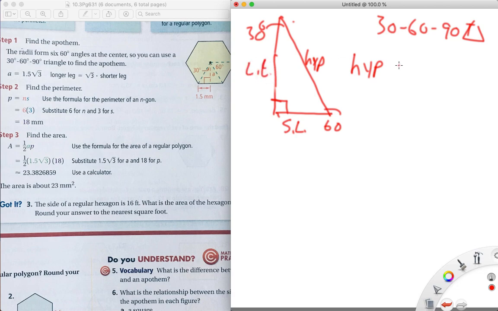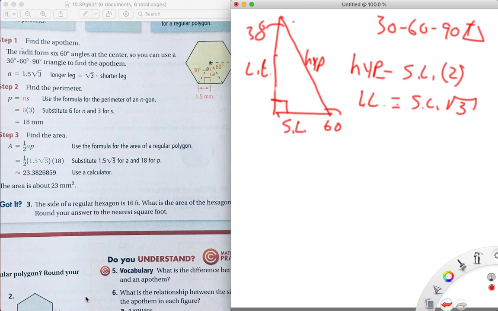The hypotenuse is going to be equal to the shorter leg times 2, and the longer leg is going to be equal to the shorter leg times the square root of 3. That's our 30, 60, 90.